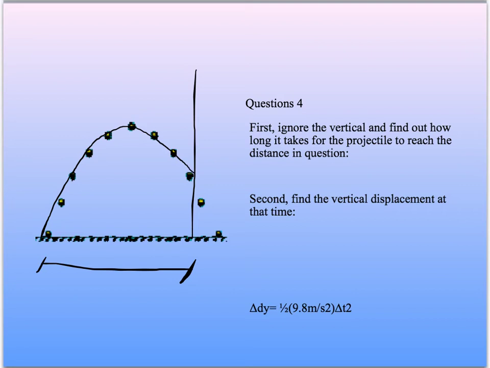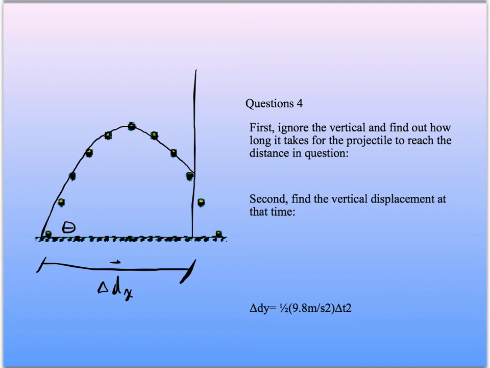Or it could be a hose launching water at some angle, the angle being theta. And how high up the wall does it hit? You could ask it a bunch of different ways. But the way to deal with this is to first figure out how long it'll take that projectile to reach the wall.